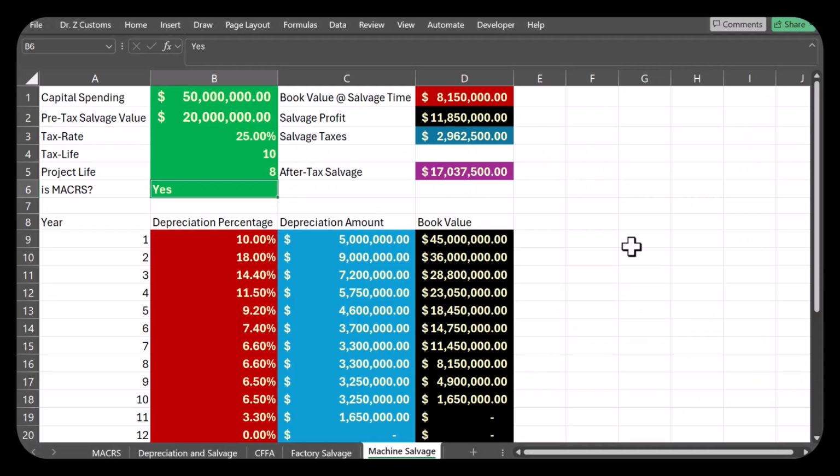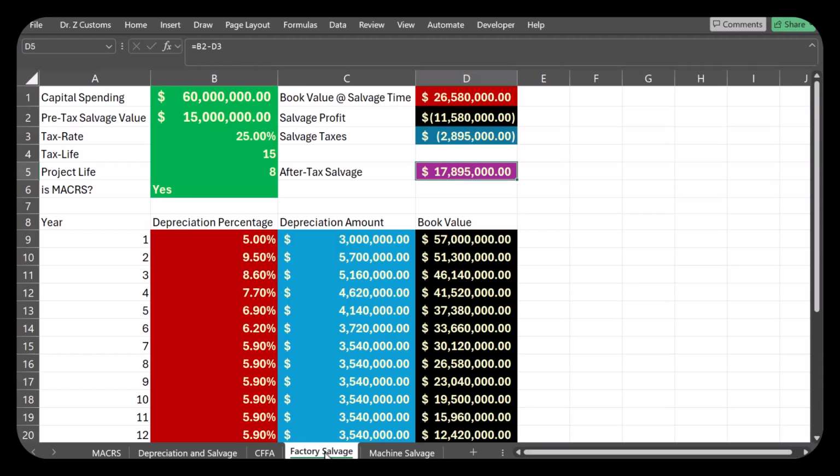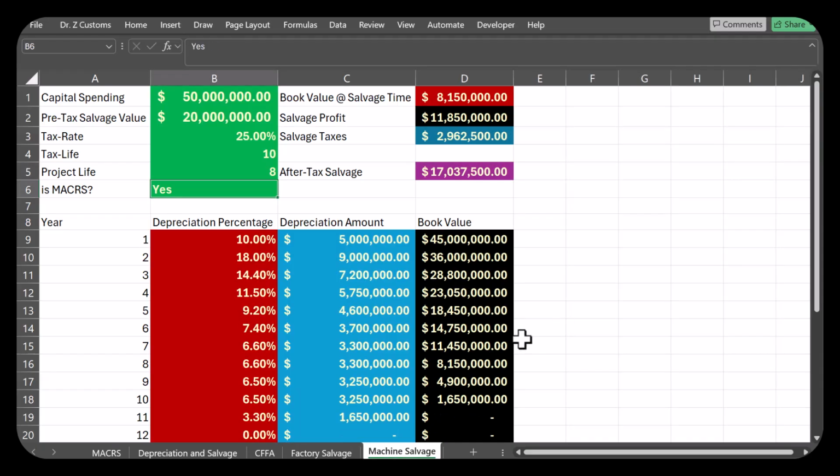In this case, as far as IRS is concerned, I actually made money on the deal. Hence, they're going to charge me taxes. And my after tax salvage is 17 or 7. Are they the same? They're close. No, okay. If I had different assets with different tax lives, obviously, I would have calculated salvage for them as well. In fact, your homework assignment will have, I think, 5 different kinds of assets.